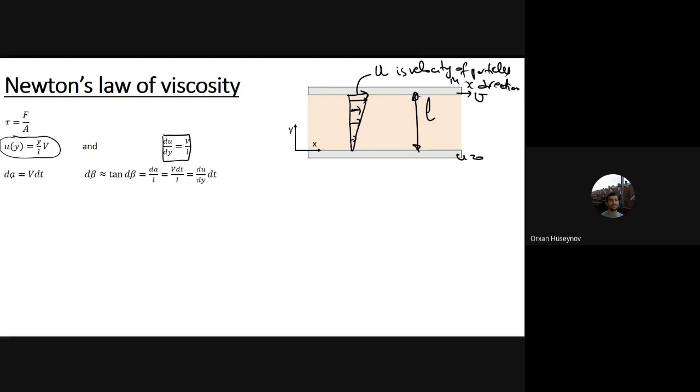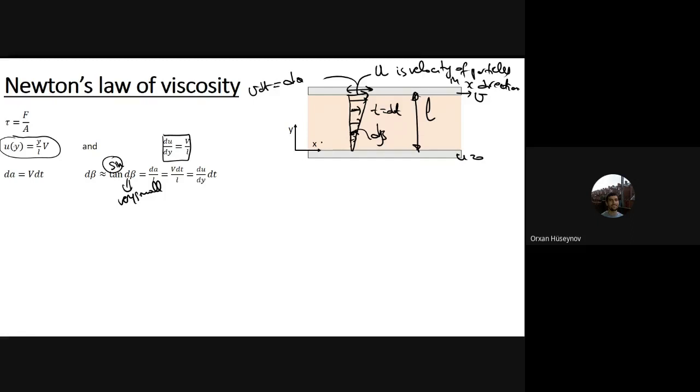And then he says that dA is v dt. I have said this one. This is the dA, and that dA is v dt. And the angle, I've said this one, is the angle beta that changed after time dt. The tangent of the angle is the same as the angle itself, because it is very small. At very small angles, you can say that the tangent of the angle is the same as itself, or the sine of d beta is the same as d beta itself.